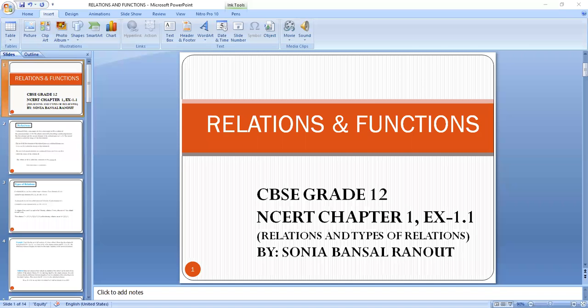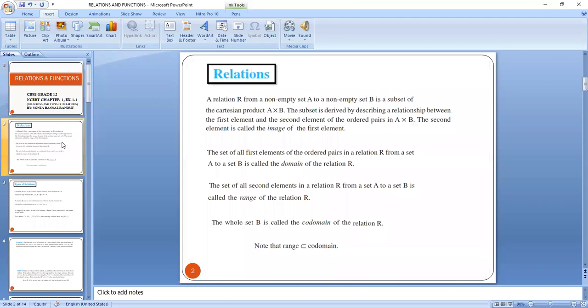Okay, so we will start with the topic relations and functions, right? Yesterday also we discussed the basics of the relations. So what is a relation?